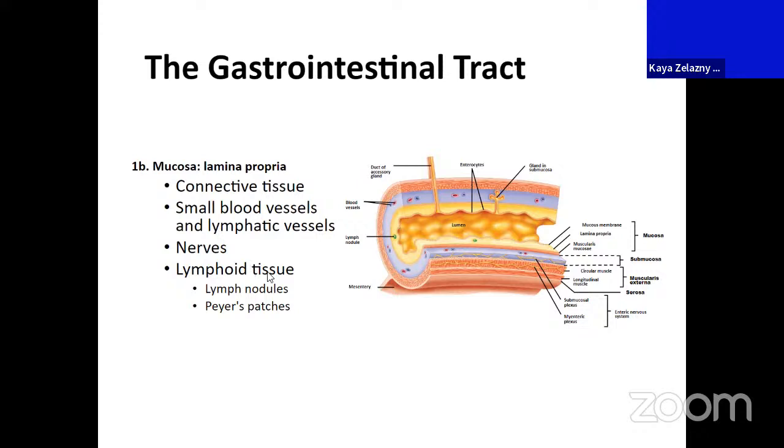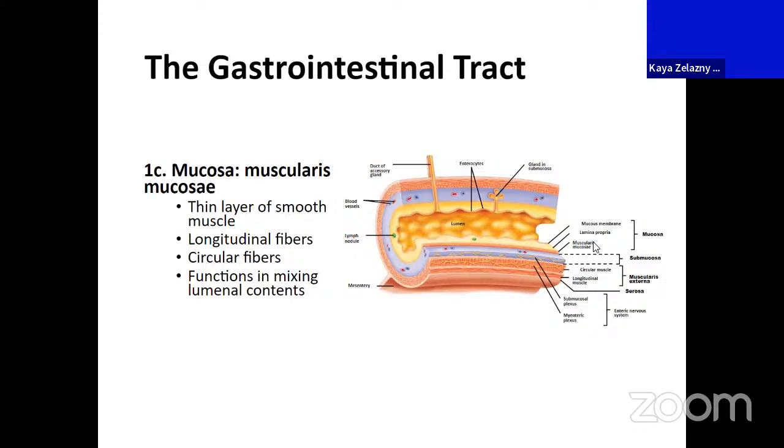So we've got lymph nodules, like lymph nodes in here. And we also have these sections called Peyer's patches as well. These are helpful because we're thinking about absorbing things, but we also want to make sure that we have at least some ability to combat any pathogens that are coming into the body, right? So we want that immune function as well in the GI tract.